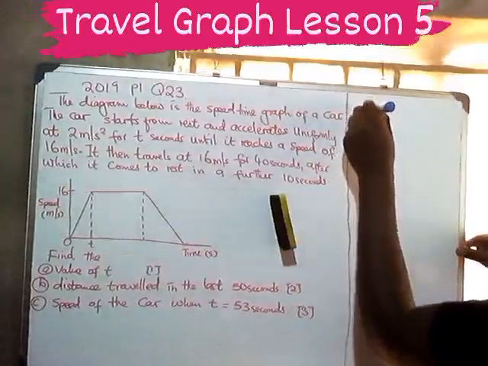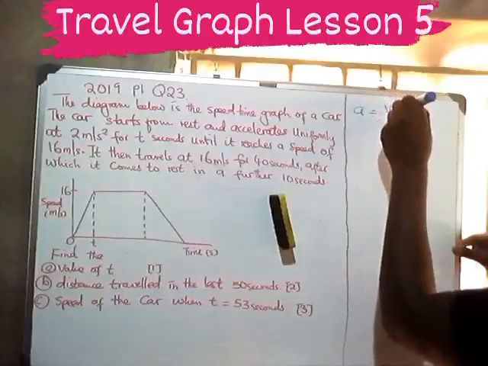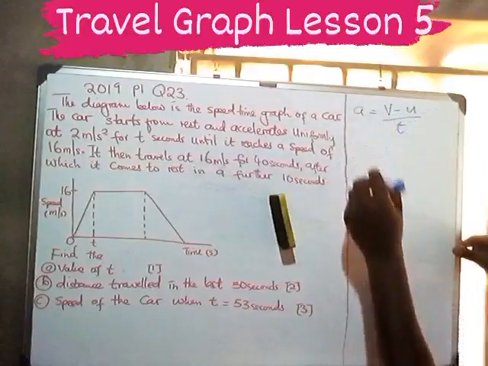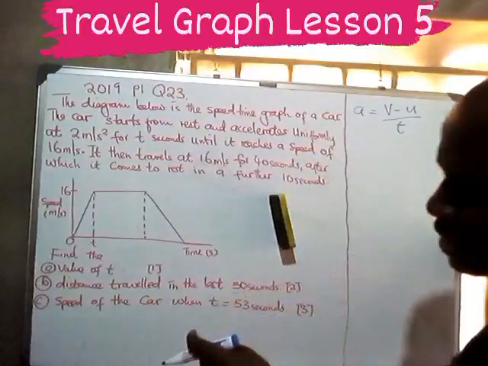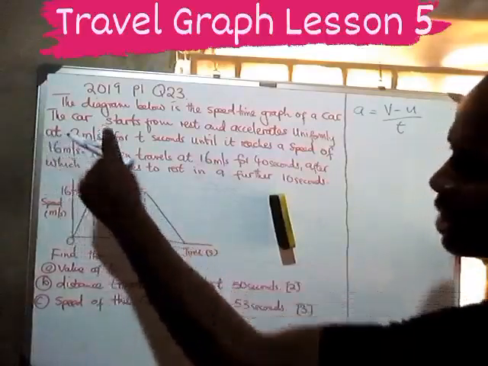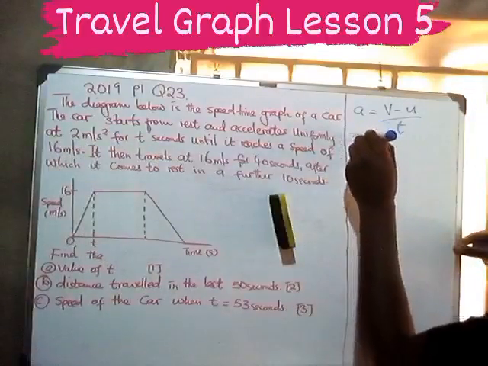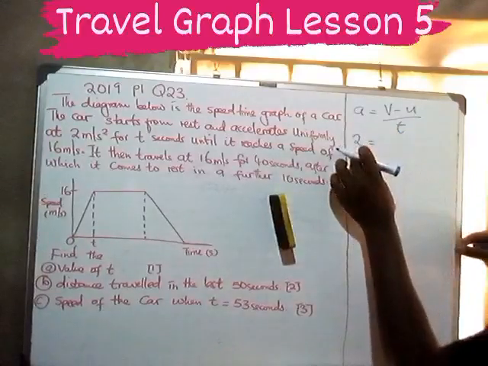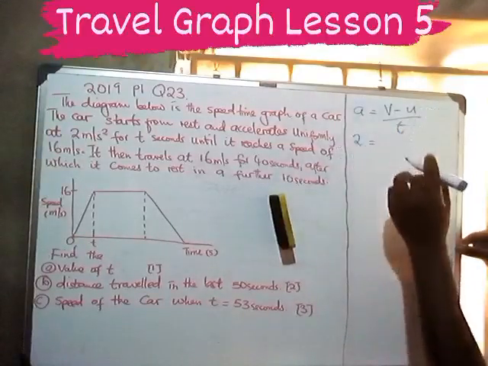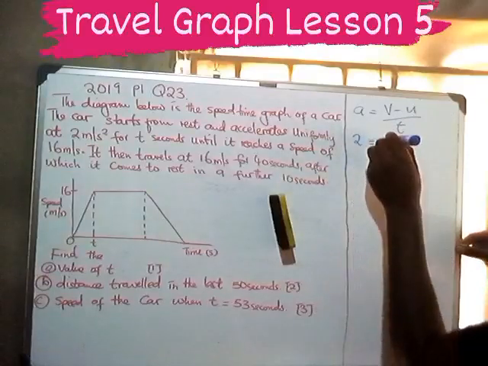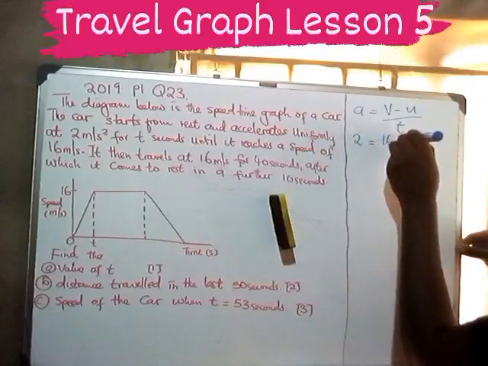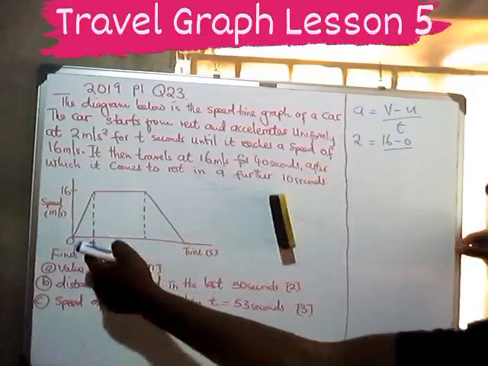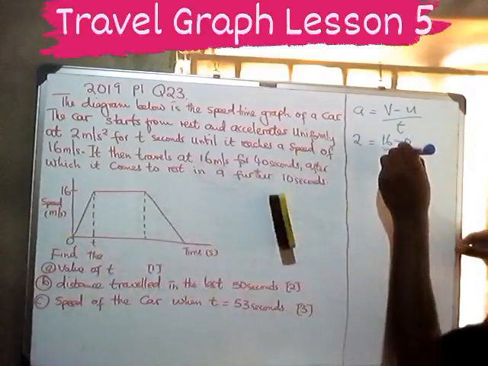So acceleration is equal to final minus initial over time taken. Our acceleration has been given as 2. Our final velocity is 16 minus our initial, which is 0, over the time taken, which is t.